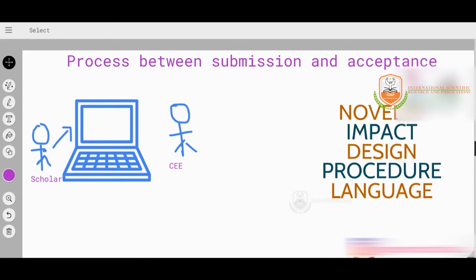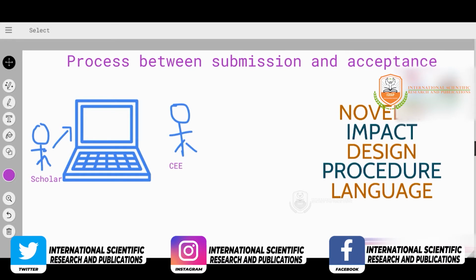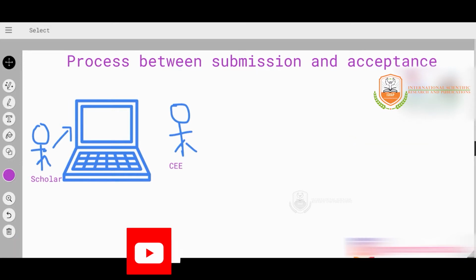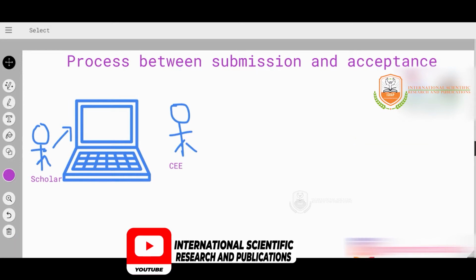And whether your paper is really a new one because it should not contain any plagiarism, whether the design is good, whether the procedure is good, whether the language is suitable for that particular journal, as well as everything which has to be sent before the reviewer.